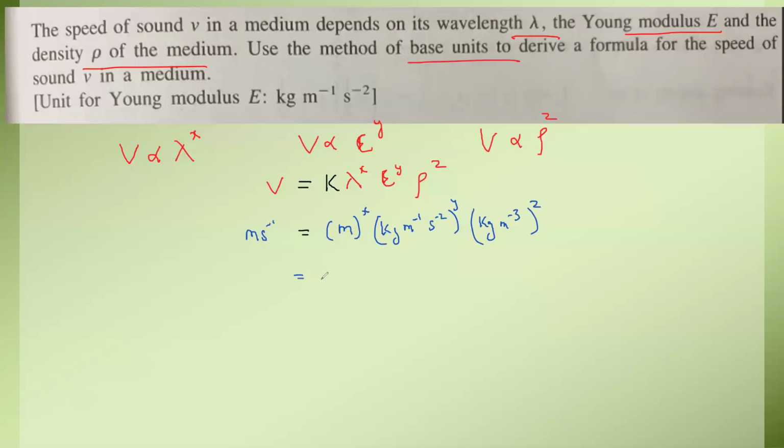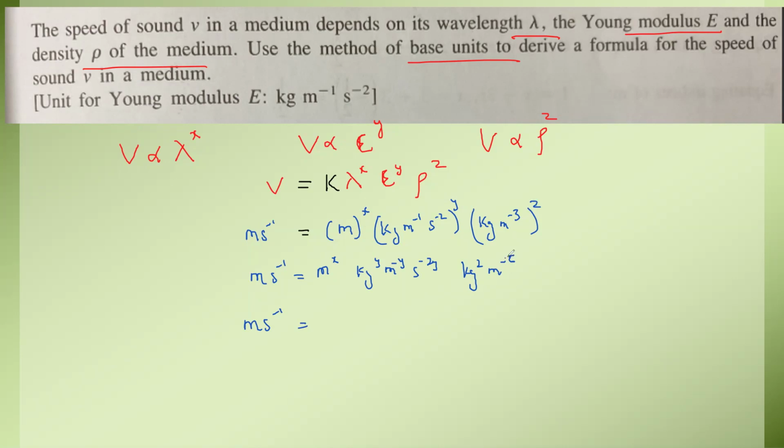Then we simplify this: m raised to power x, kg raised to power y, m raised to power -y, second raised to power -2y, then kg, meter raised to power -3z. Now this is m s^-1.